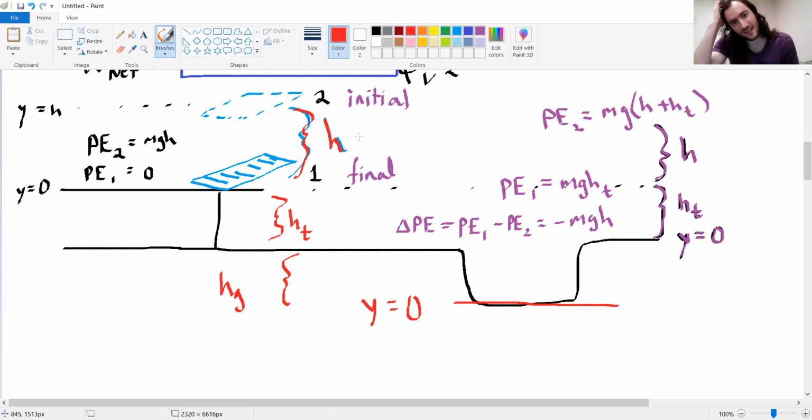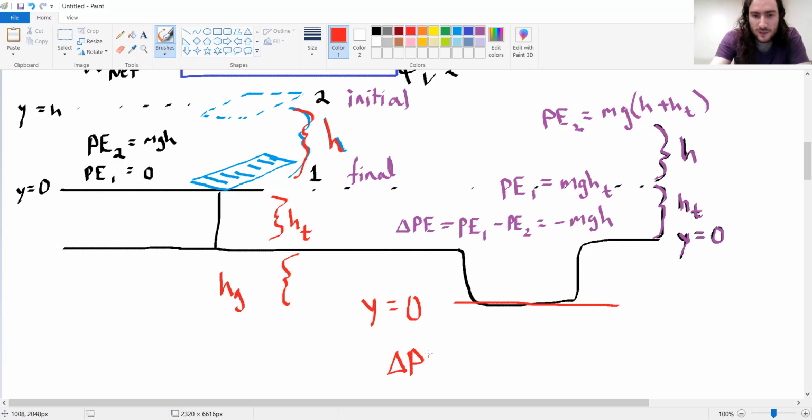Well, what's going to happen is, again, we're going to have this situation where the potential energy in state 1 is mg times (hg plus ht). And then the potential energy for state 2 is going to be mg times (h plus ht plus hg). And then when you subtract the two, what are you going to be left with? Well, you're going to be left with the exact same thing.